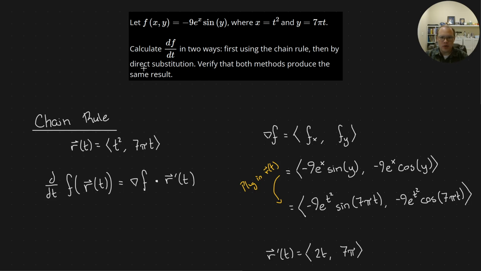We need to do this with direct substitution. You may be asking, why are we going through all this work when I could just plug these in and then take the derivative after I plug them in? And you're right, we can do that.